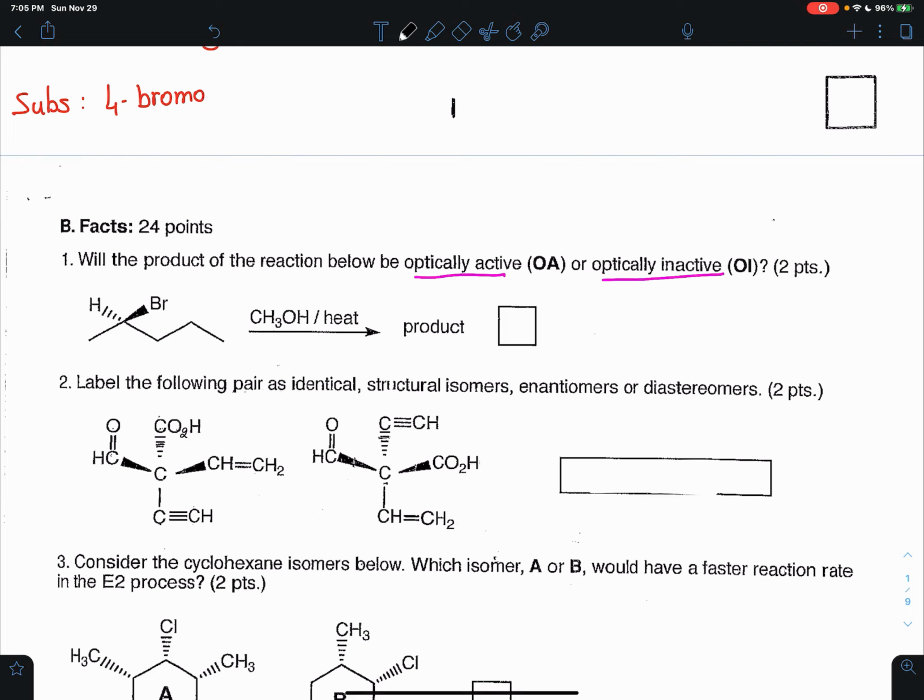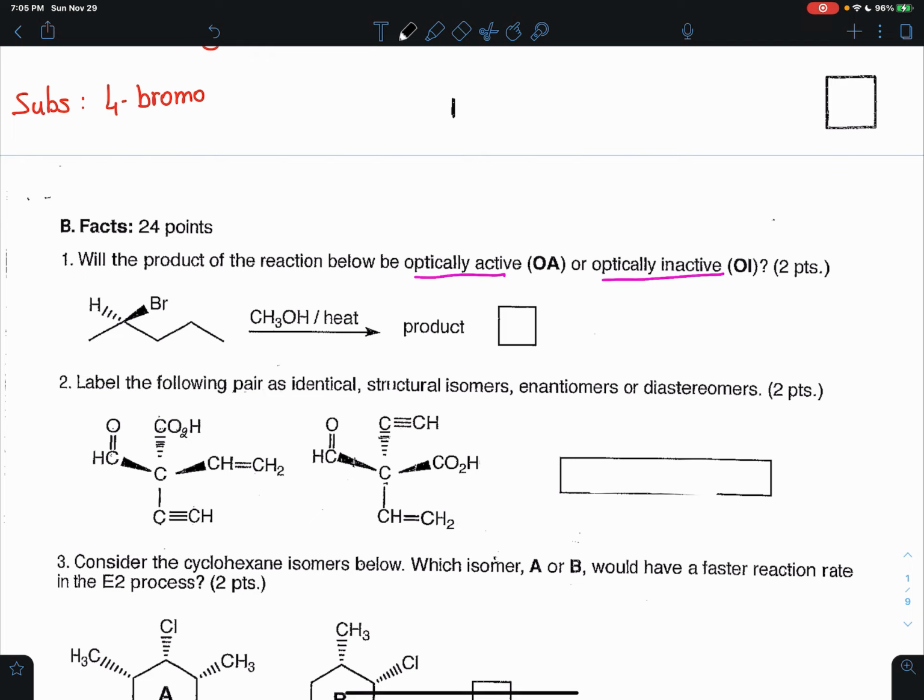Optically active means that all of the product is inverted. So for instance, when you have an SN2 reaction, all of the product is going to be inverted.